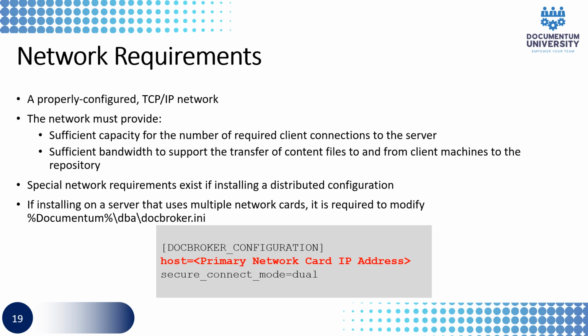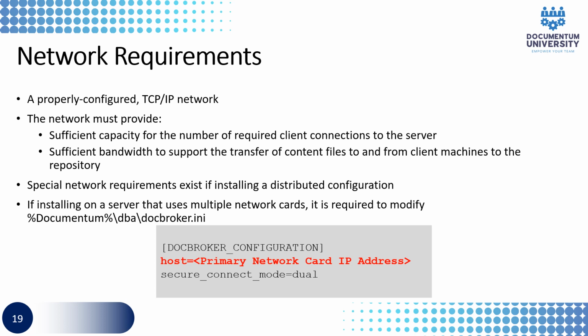It is important to ensure that the network can handle the expected volume of traffic without any degradation in performance. Second, the network must have sufficient bandwidth to support the transfer of content files to and from client machines to the repository. The ability to transfer large files across the network without interruption is critical for the optimal functioning of the Documentum system.